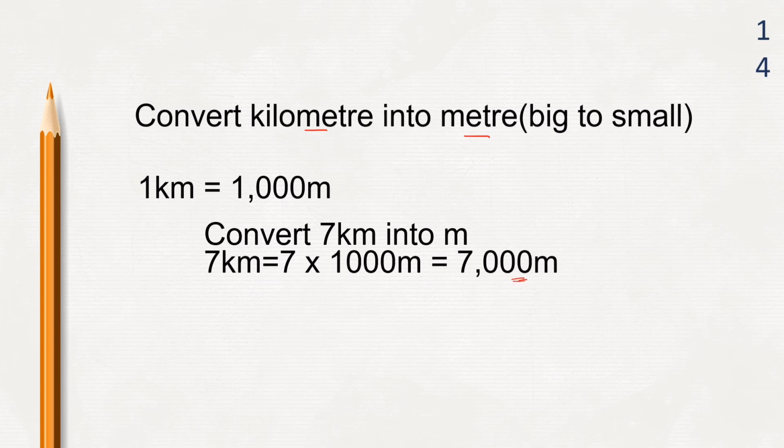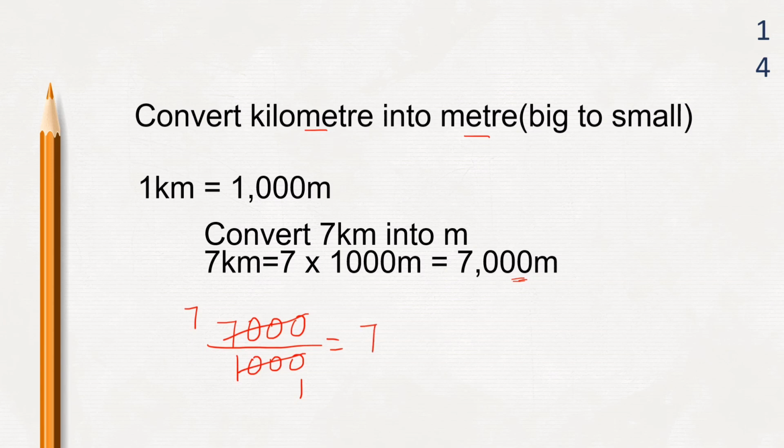Now, if you have to convert 7000 meters into kilometers, what do you have to do? Yes, you will have to divide by 1000. 7000 meter divided by 1000. If you do, you will get the kilometer. 1000 one time is 1000 and 1000 seven times is 7000.